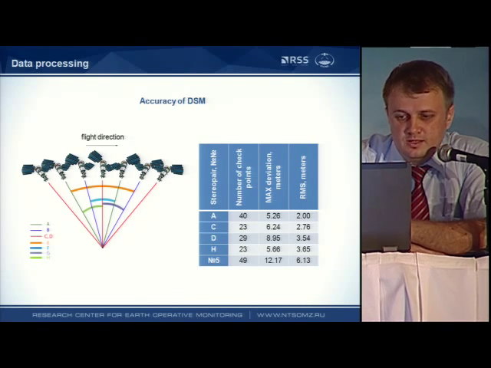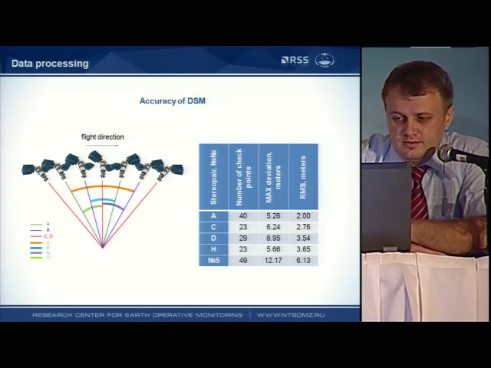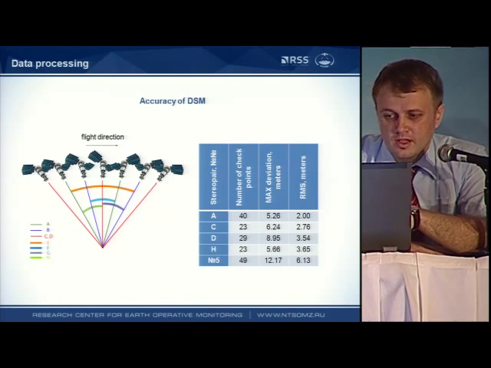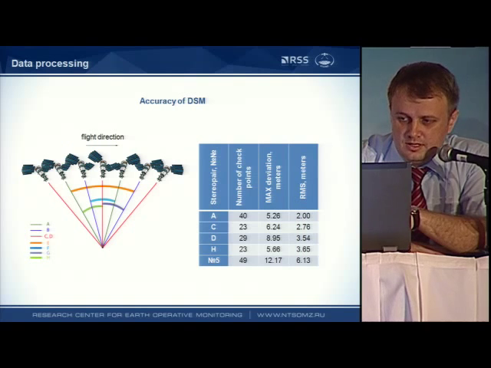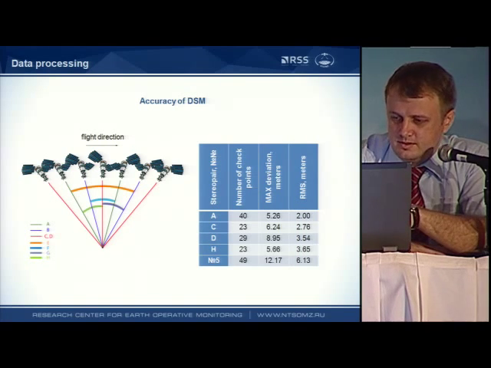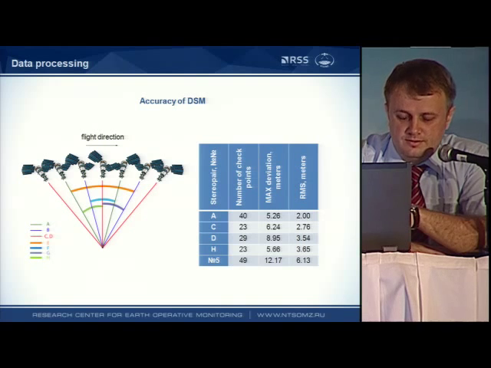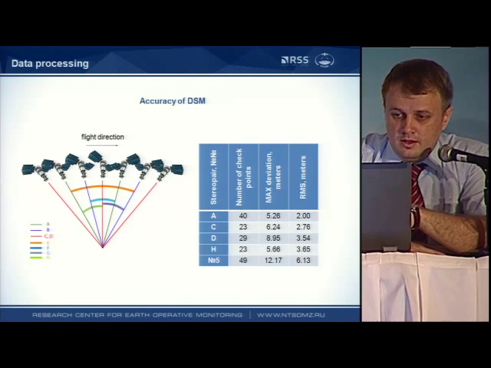And the accuracy of the last model was impacted by the stereo pairs with worse accuracies after the external orientation. These are digital terrain models. The maximum error is about 9 meters, and the RMS error is no more than 4 meters.